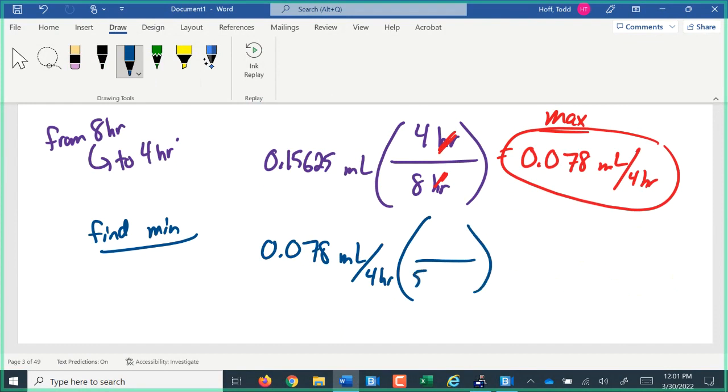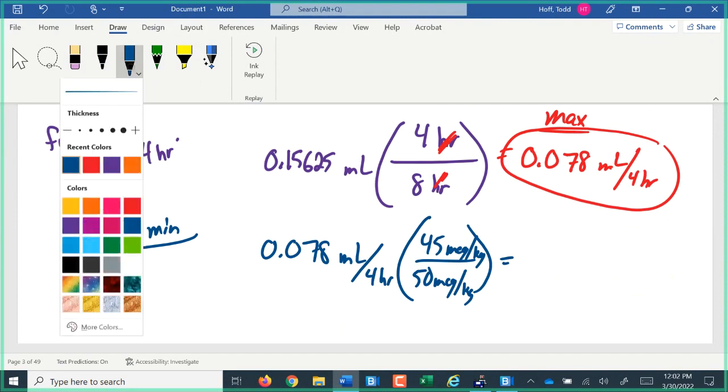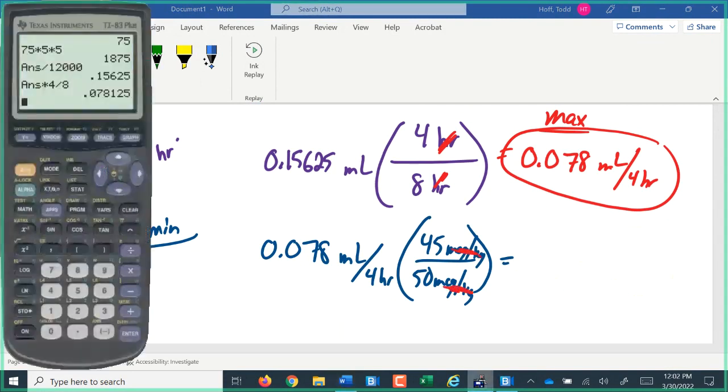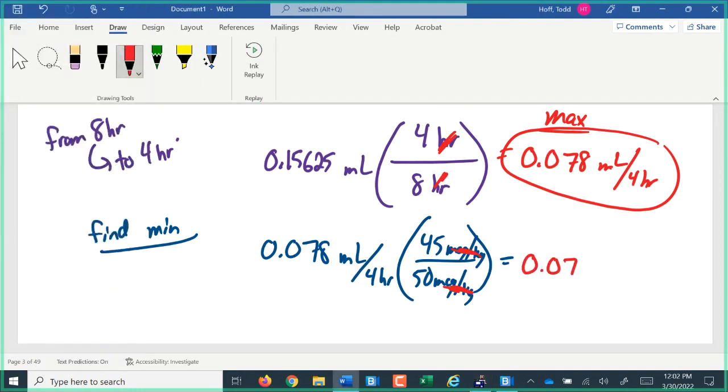That was figured off of 50 micrograms per kilogram. I'll change it to 45 micrograms per kilogram. Once again, these units here in the titration cancel out. Take the 0.078 times 45 divided by 50, and we get 0.070 milliliters every 4 hours.